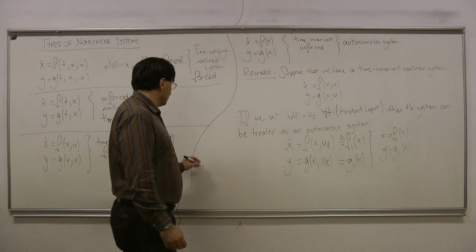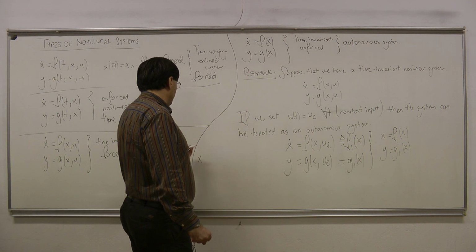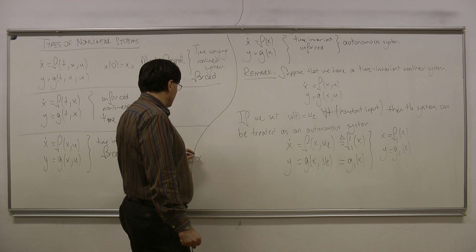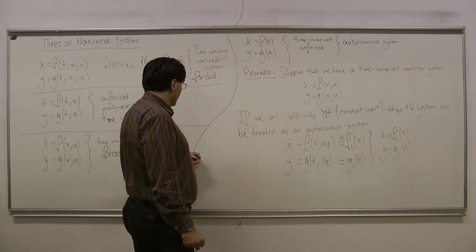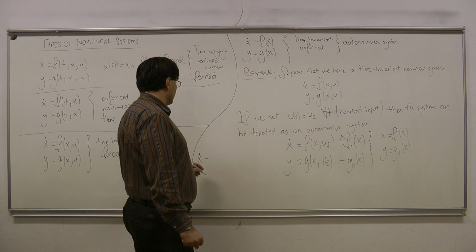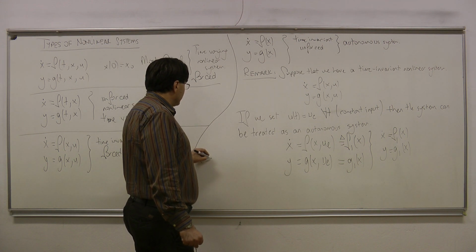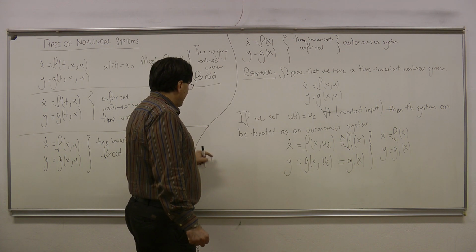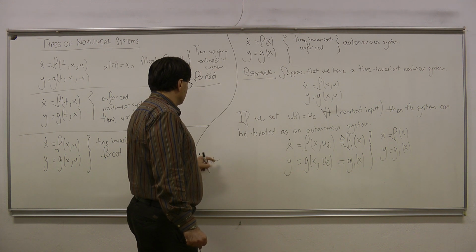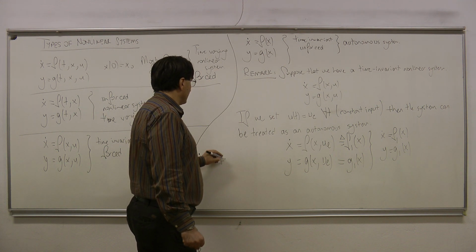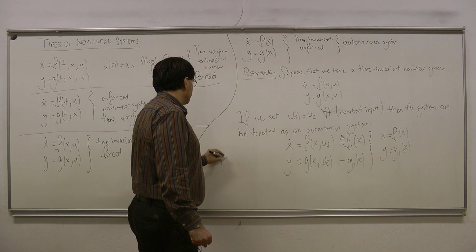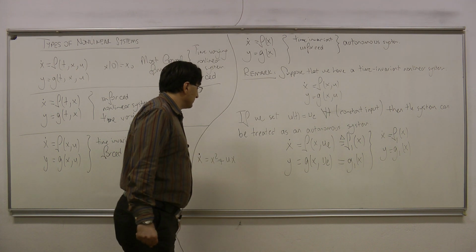So I can give you an example for you to be able to imagine what is happening here. So x dot is equal to, let us use this example again, x squared plus u times x.